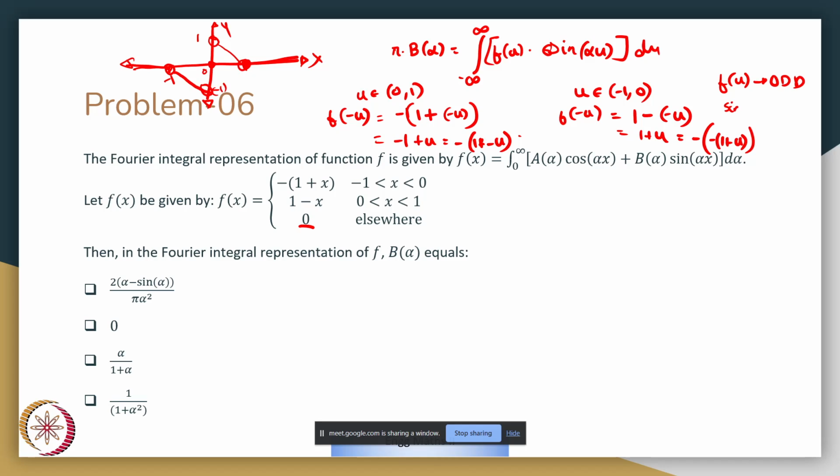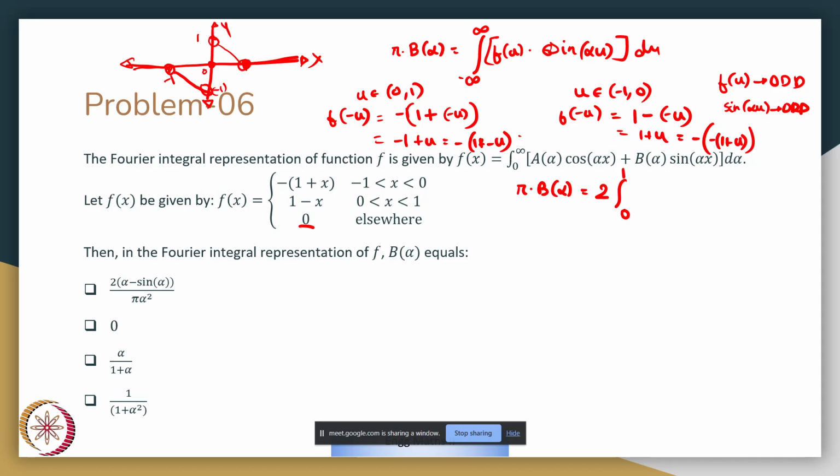Similarly, we also know that sine of alpha u will also be odd. So the product will be an even function, which means that rather than integrating over the entire interval, we could make use of only half the interval and then double it, which would give us pi times b of alpha is equal to twice the integral from 0 to 1.